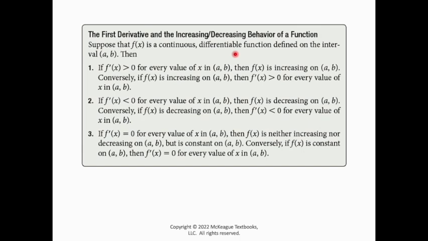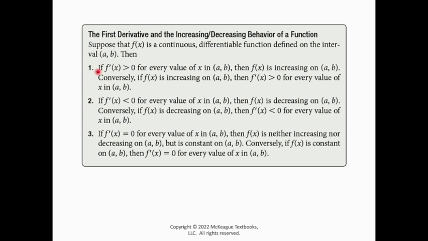And we said that that was important because a lot of our theorems or tests depend on the function being continuous. So here's one of those examples. In order to have these following 3 items, the function needs to be continuous and it needs to be differentiable on this interval, a to b. Notice that this is an open interval. So open meaning that if I was looking at the interval, it wouldn't include the endpoints.